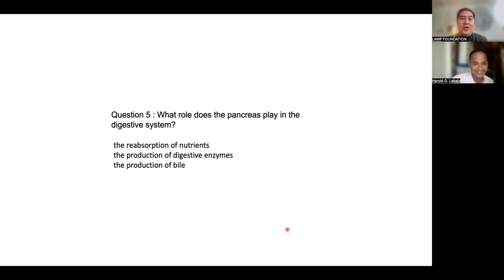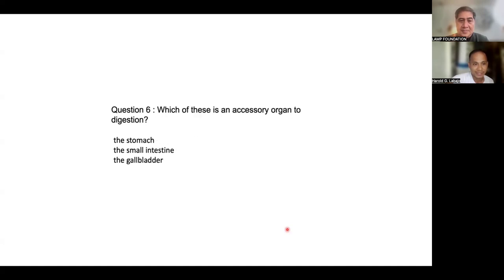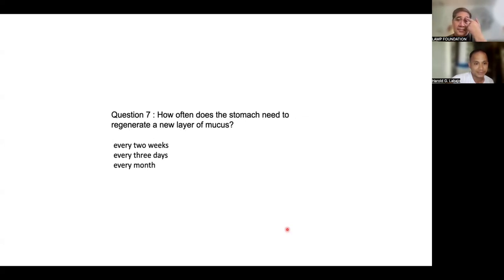Storage is gallbladder. What role does the pancreas play in the digestive system? The production of digestive enzymes. Which of these is an accessory organ to digestion? The gallbladder. How often does the stomach need to regenerate a new layer of mucus? Every 2 weeks.